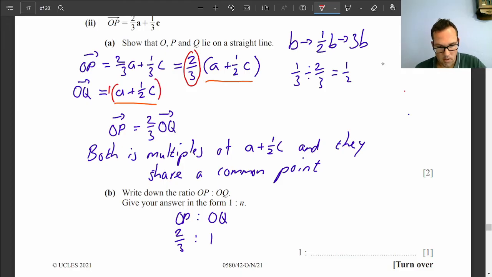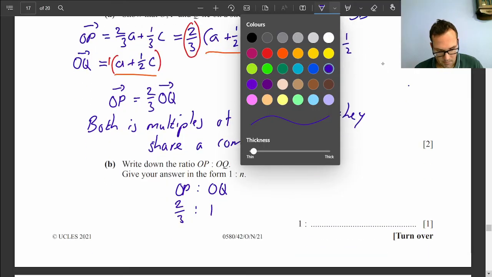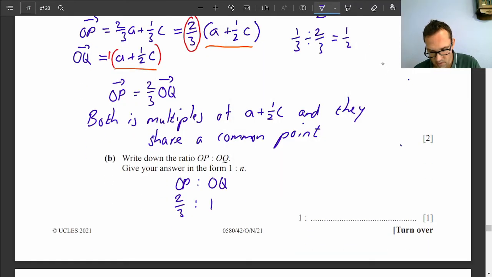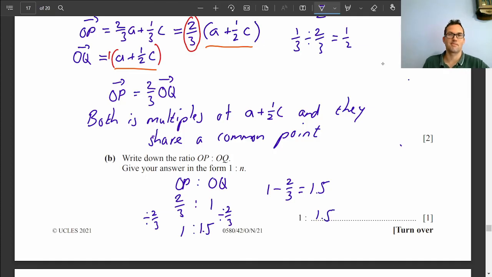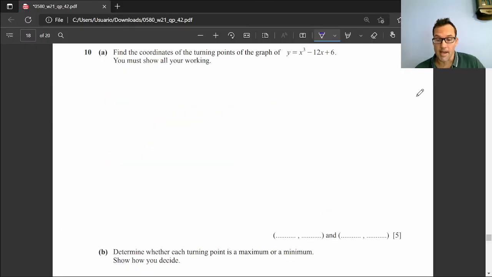What they want us to do though, they want the first value in the ratio to be 1, which means I just need to divide this by 2/3 on both sides. So on my calculator, I'm going to type 1 divided by 2/3. What is that? Which will give us 1.5. So it's 1 to 1.5. And you've done it.